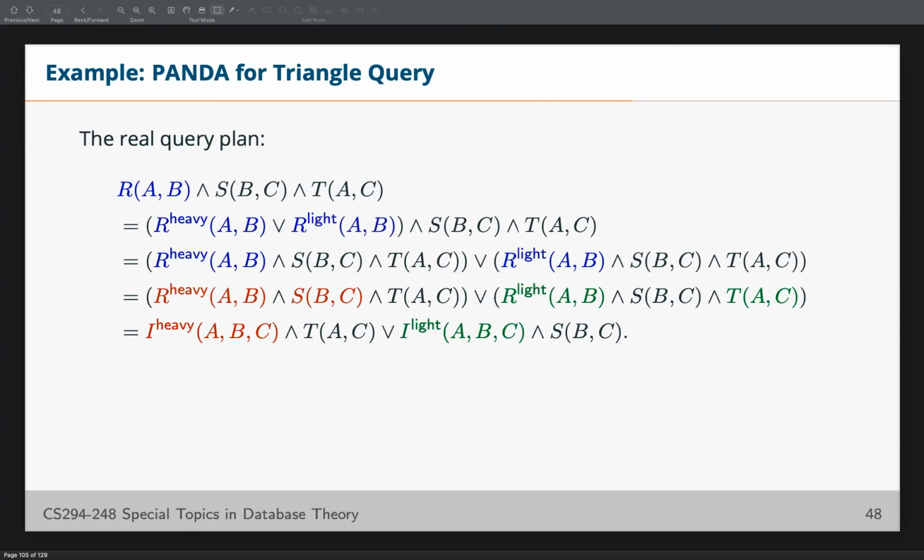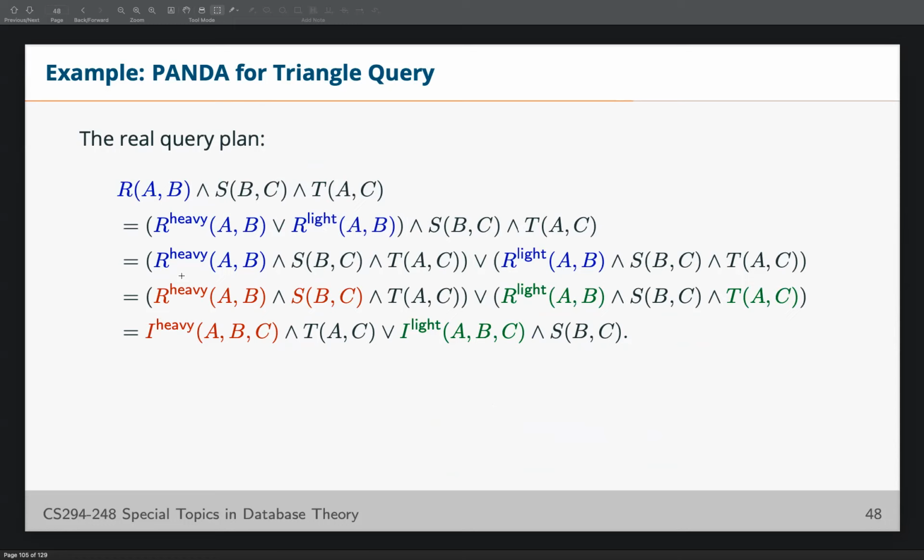So query plan goes like this. When you do partitioning, what does that mean? It means that you are doing a query rewriting, basically. You write the blue relation as a union of the heavy and the light part of this relation, right? Now, you can pull out the union. So now you have two subplans.